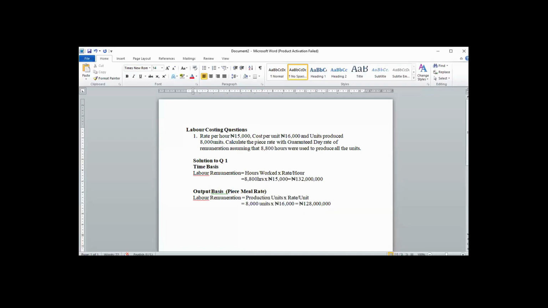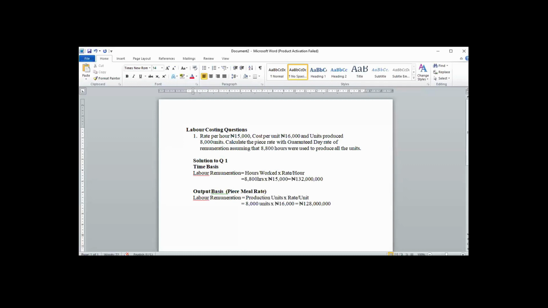It's either that we choose the time basis or the output basis, or are we supposed to do both? Because they ask you day rate guarantee pay. That is why we did the two. We will now select the highest that they will use as a means of paying based on the day rate guarantee. Is it clear?